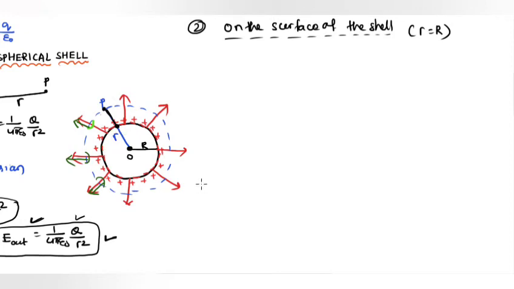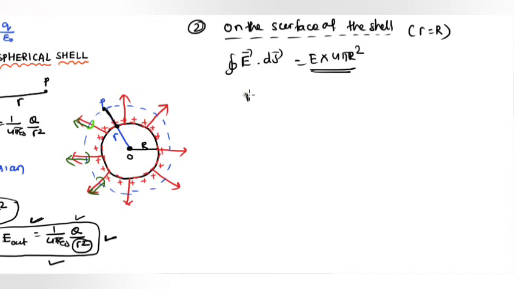Is that clear? So how to derive the expression for electric field intensity? Simply replace this small r square with capital R square, because if you draw a Gaussian surface and then find the integration of E dot ds, the value will be E into 4 pi capital R square, because now the radius of the Gaussian sphere is capital R, because the point P is lying on the surface of the shell.